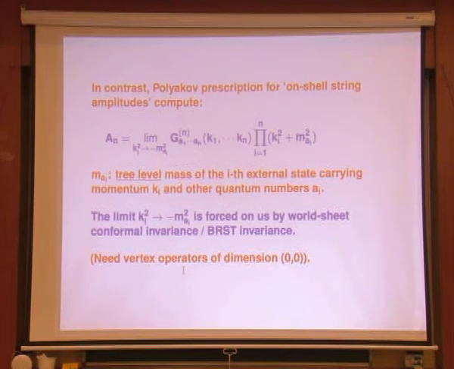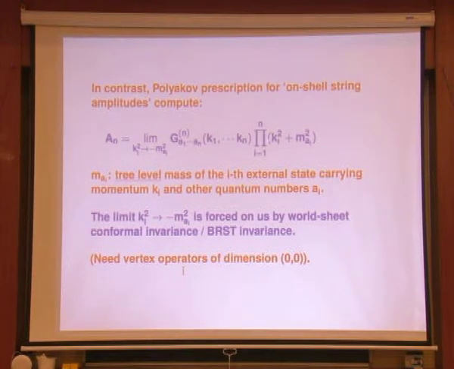Now we can compare this with what the Polyakov prescription for on-shell amplitudes will compute in a string theory. If you were to use the same language of quantum field theory that I used last time in the previous slide, it is this object. You take the n-point Green's function and multiply by the inverse tree level propagator. You truncate.